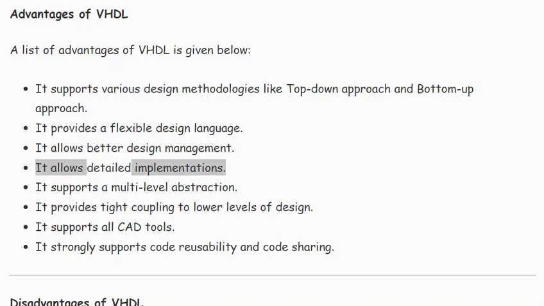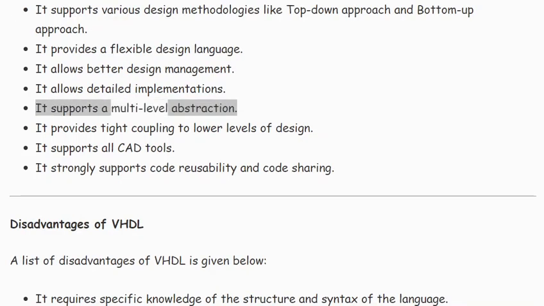It allows detailed implementations. It supports multi-level abstraction. It provides tight coupling to lower levels of design. It supports all CAD tools. It strongly supports code reusability and code sharing.